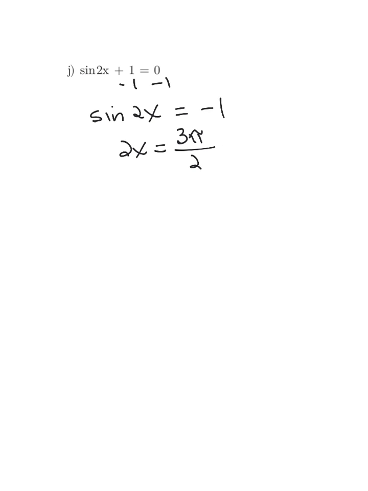So remember that dividing by 2 is the same thing as multiplying by 1/2. So x equals 3 pi over 4 is my final solution. You are not done until you have solved your argument and made it say just x equals.